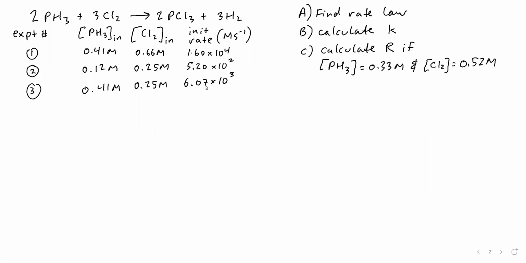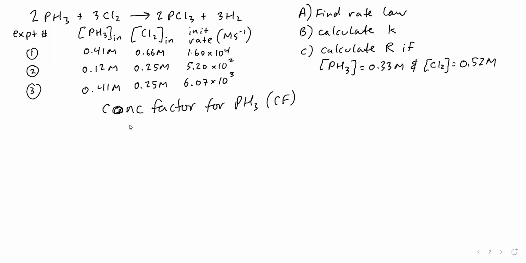In this particular case, when we compare row 2 and row 3, the way we figure out the factor by which the concentration changes, I'm going to call that the concentration factor for PH3, and I'm just going to call it the CF.